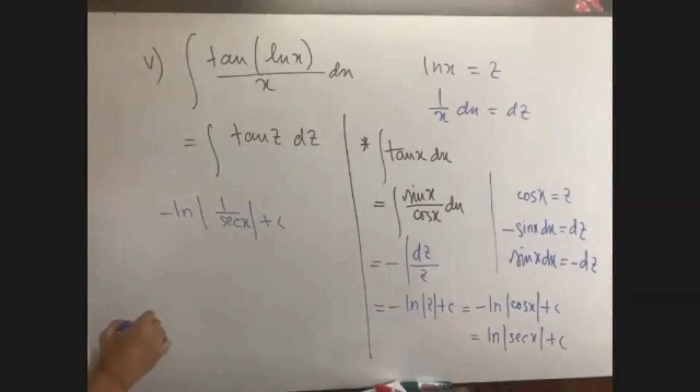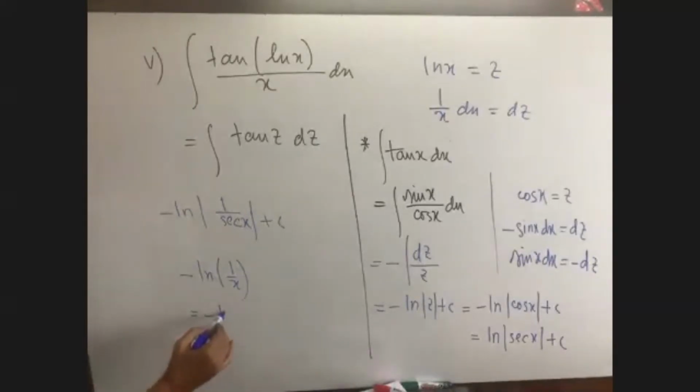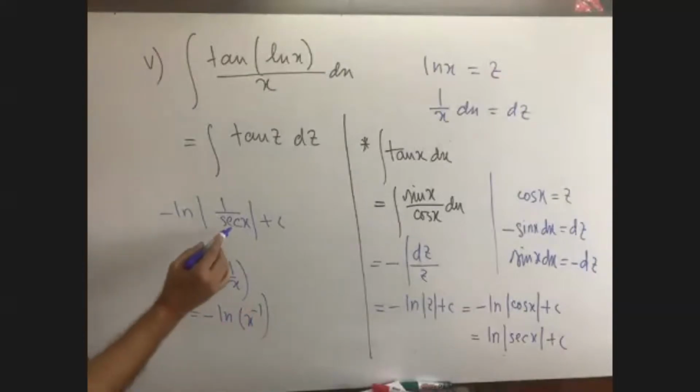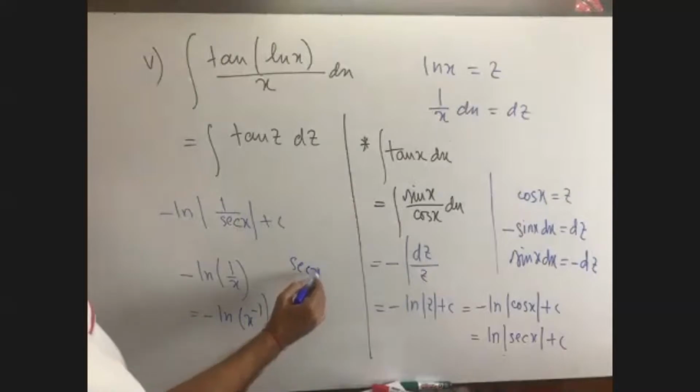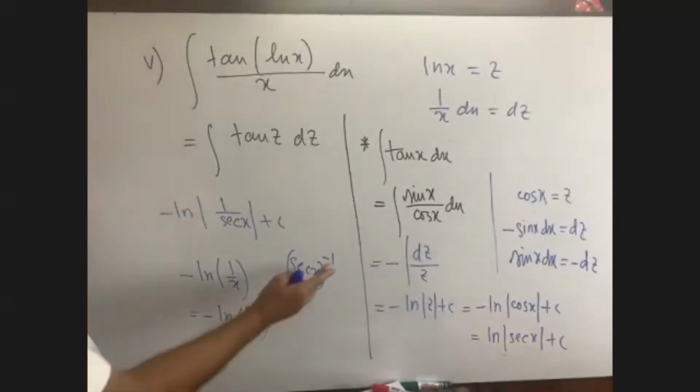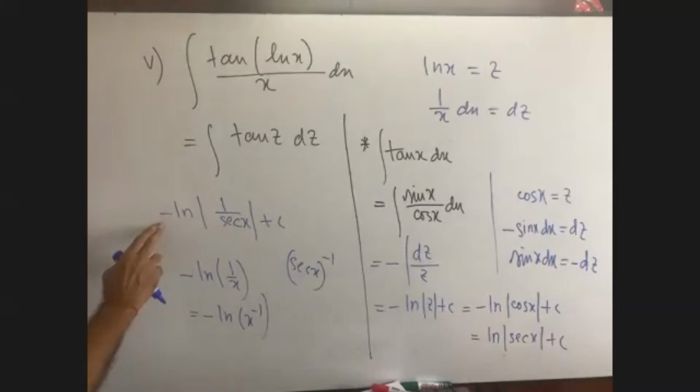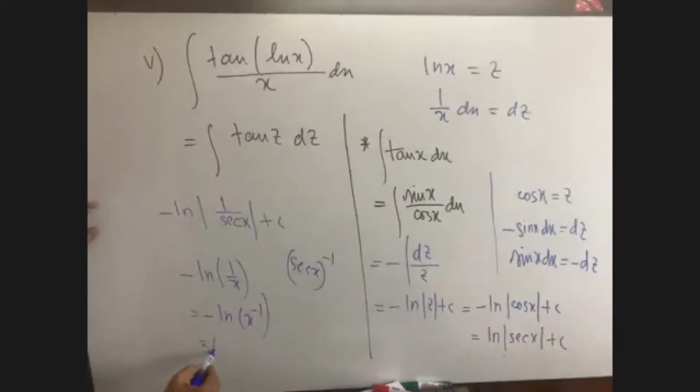Minus ln 1 by sec x equals minus ln sec x to the power minus 1. This minus and this minus will make positive. So this is ln sec x.